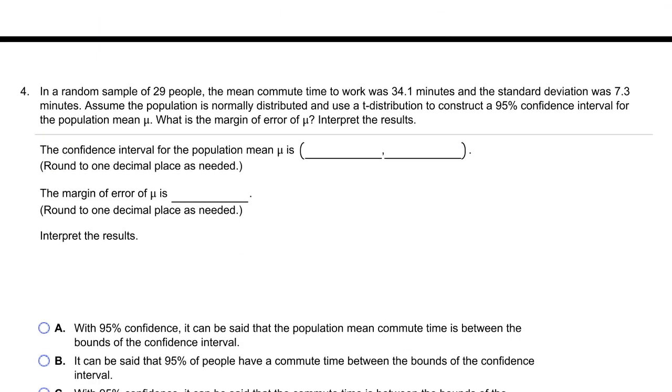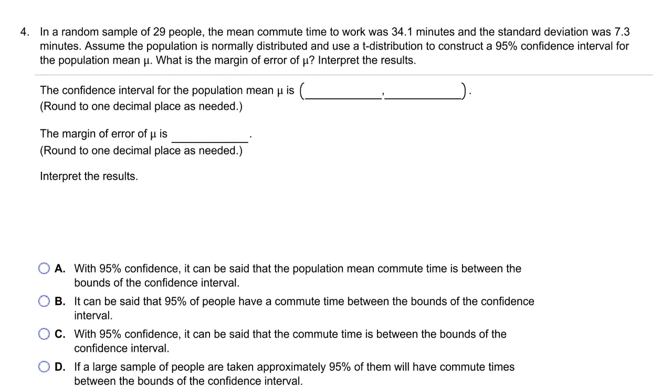Okay, so now we just have to pull the information out of what's given here. In a random sample of 29 people, so n is 29, the mean commute work time was 34.1 minutes. That's the sample mean, x bar, 34.1.